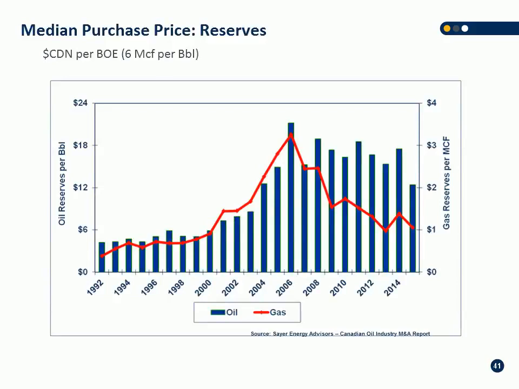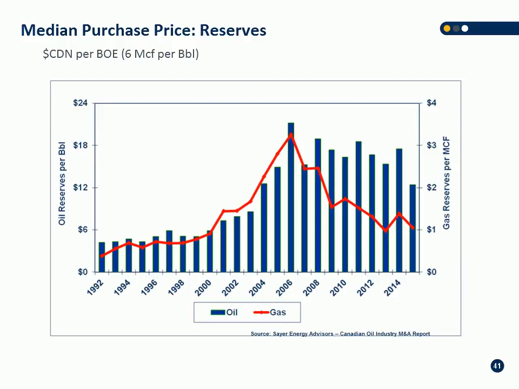This is by a company called Sayer Energy Advisors. They track oil and gas transactions in North America mostly. What this is showing you is, for oil properties in blue and gas properties in red, or oil reserves and gas reserves, the dollars Canadian per barrel of oil equivalent that was paid for those assets.